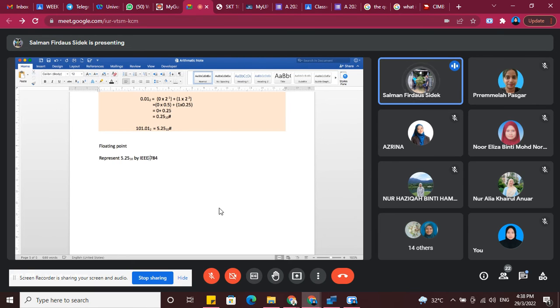So how to represent 5.25 in IEEE 754? The technique is like this.